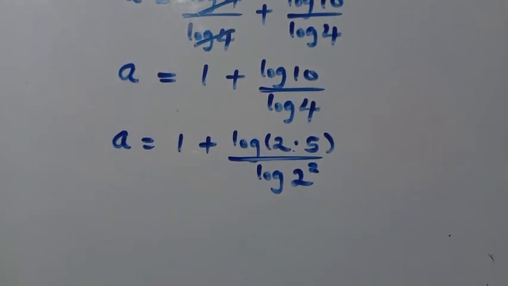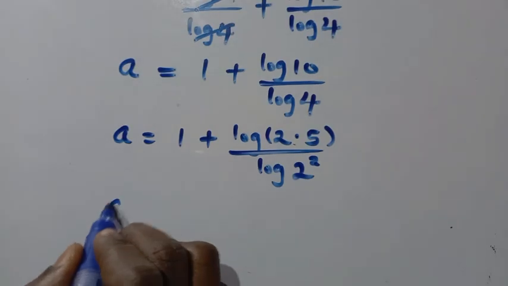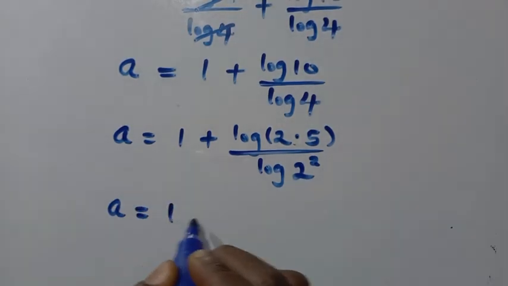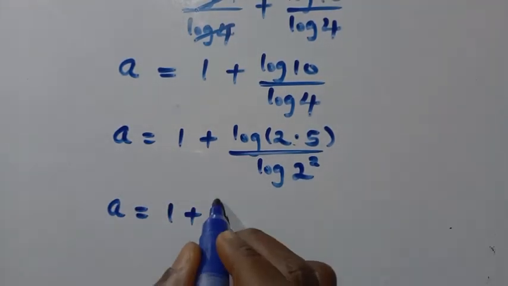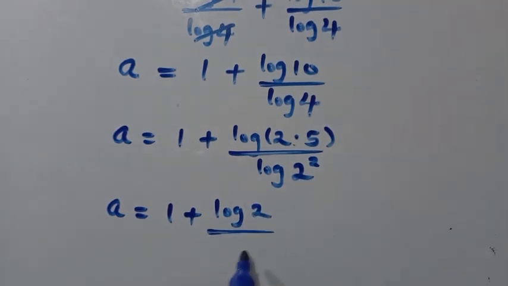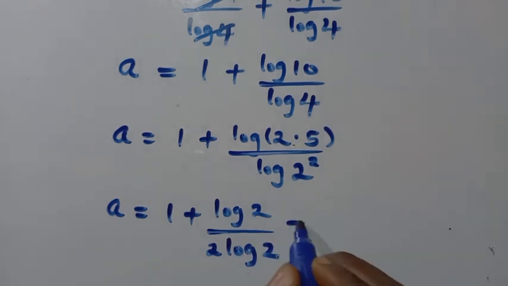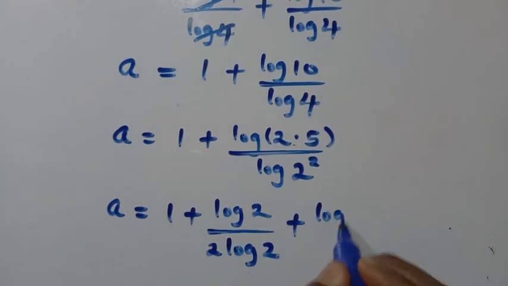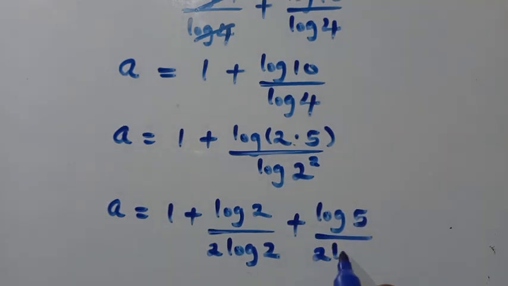Then from here you can see that a equals 1 plus, when we separate this, log 2 divided by 2 log 2 plus log 5 divided by 2 log 2.